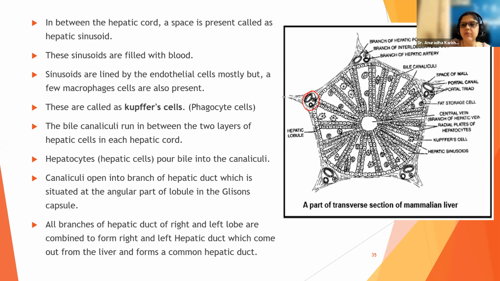Can you see this? I'll move my camera. Here you can see 1, 2, 3. This outer lining is going to be your Glisson's capsule. For those having difficulty understanding where the Glisson's capsule is, the red covering that I am drawing, this is going to be the Glisson's capsule.